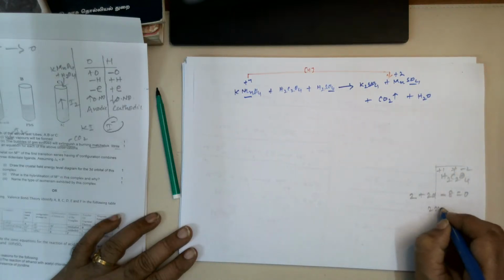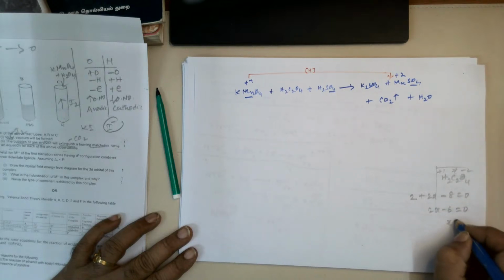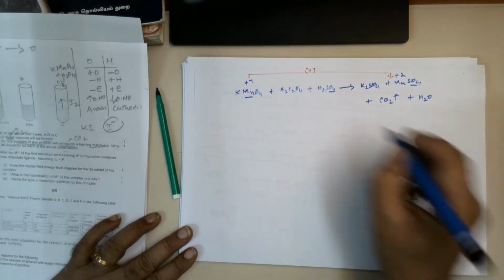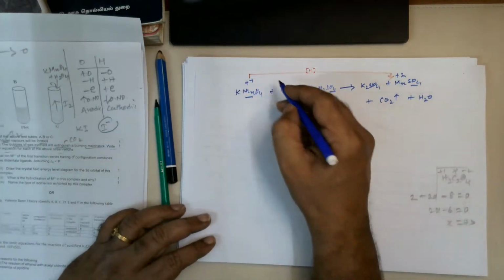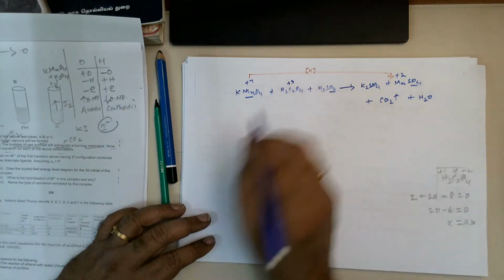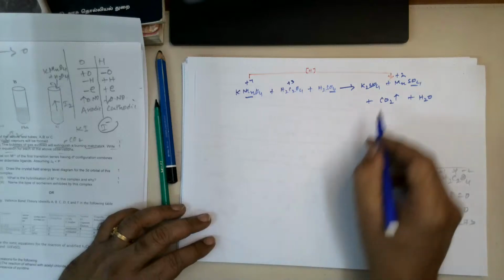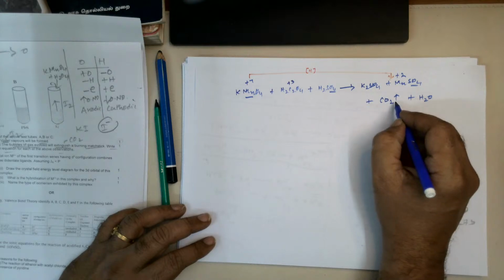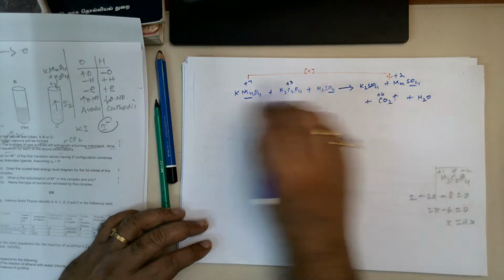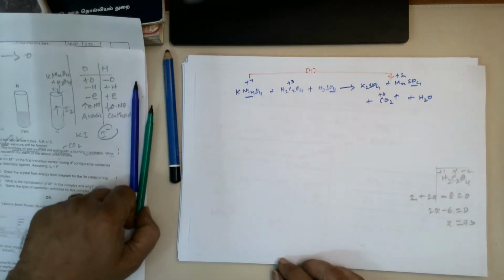So 2x minus 6 is equal to 0. x should be +3. So the oxidation state is +3 for carbon. Okay. And what about this carbon dioxide? For oxygen -2, and there are 4, -4, means +4. So +4.